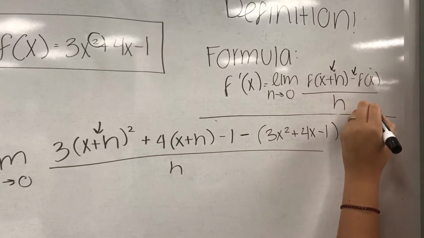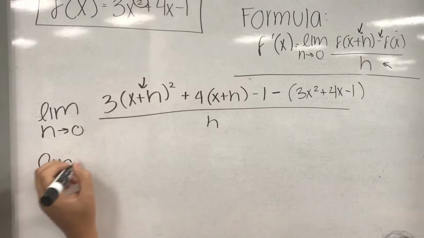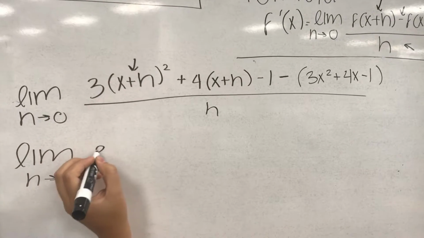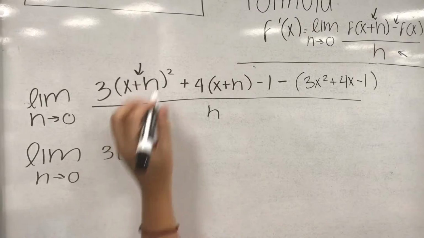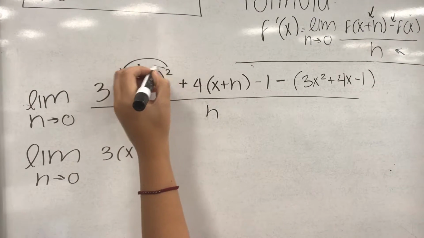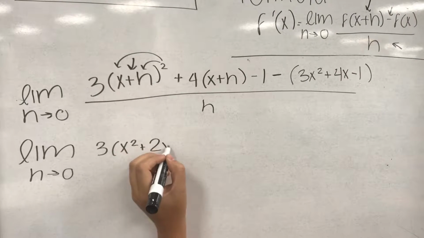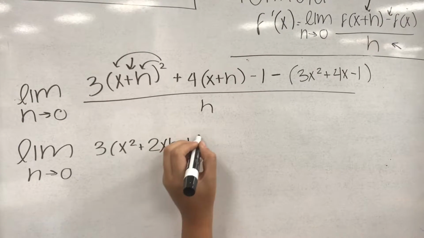All over h. Now we have to rewrite the limit when h approaches 0. Now we have to open the parenthesis, which is square the first, double the product, and square the last.